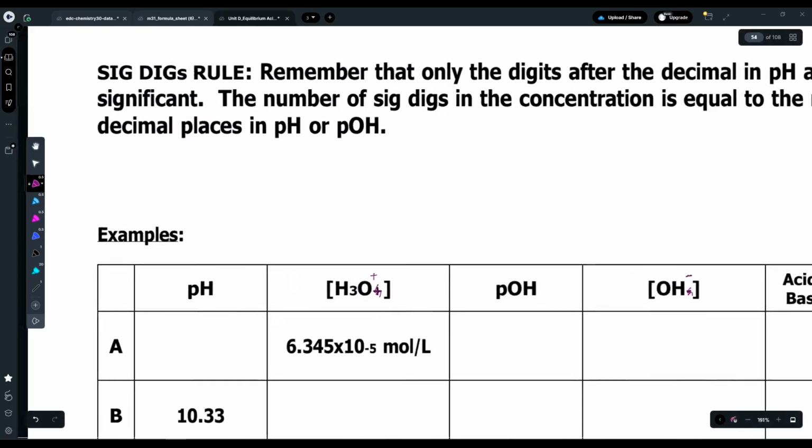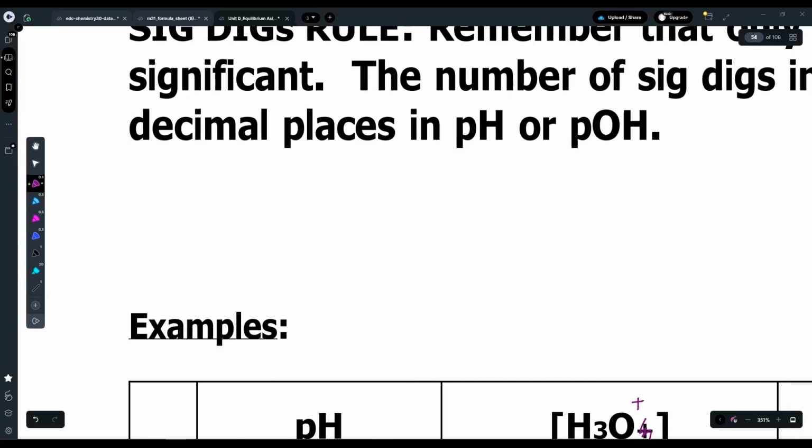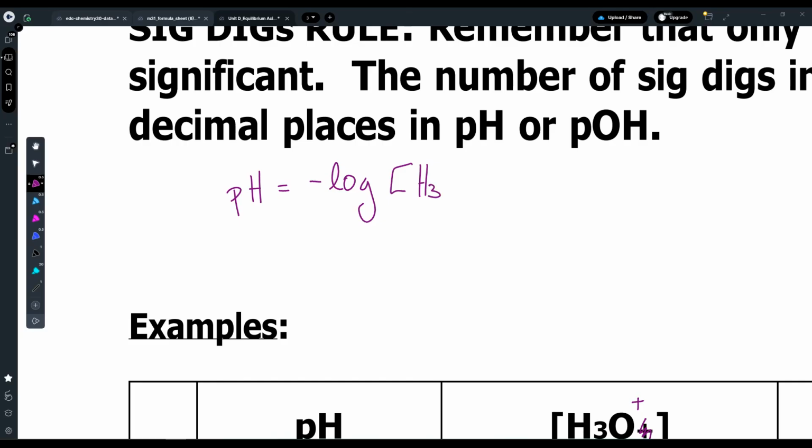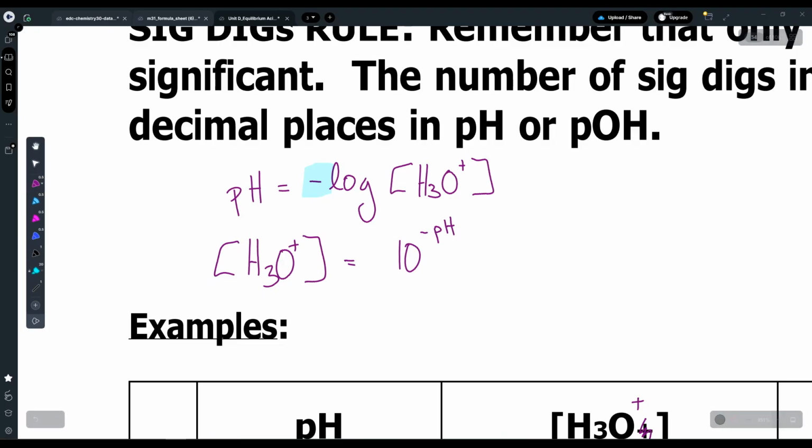Before we get going on this, I'm just going to write out the formulas that were on the previous page, just so we can see them while we're doing these calculations. So remember, for pH, you need to use the concentration of hydronium ions, and the most common mistake that people make is forgetting this negative here. For finding the concentration of hydronium ions, you need to go 10 to the power of negative pH.